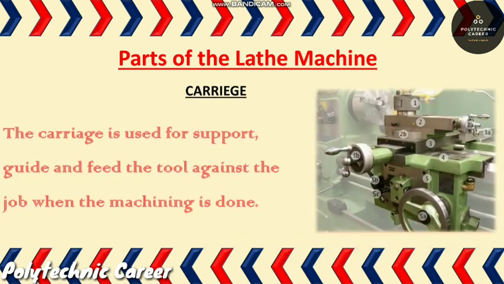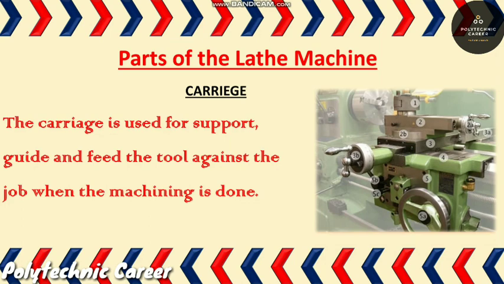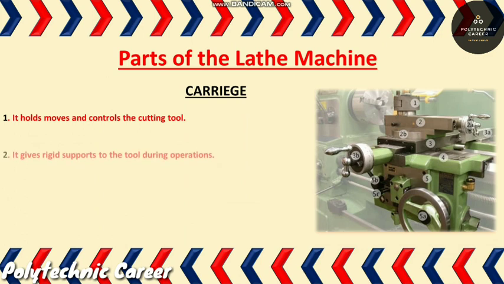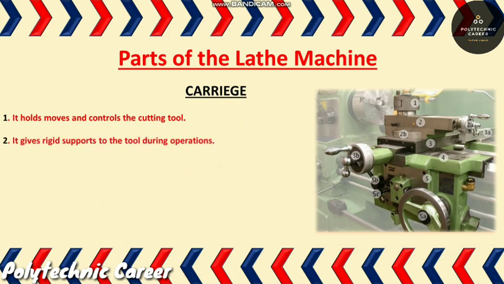Carriage. The carriage is used to support, guide and feed the tool against the job when the machine is running. It holds, moves and controls the cutting tool. It gives rigid support to the tool during operations.